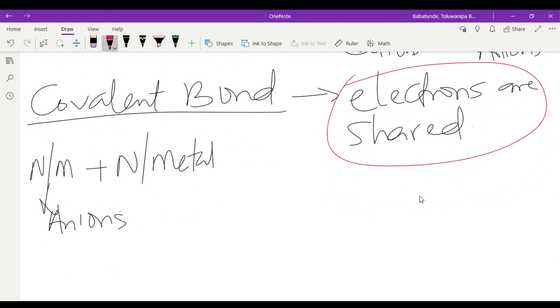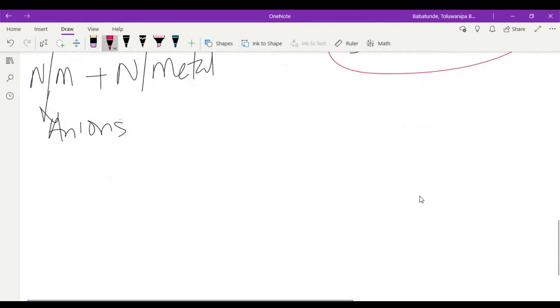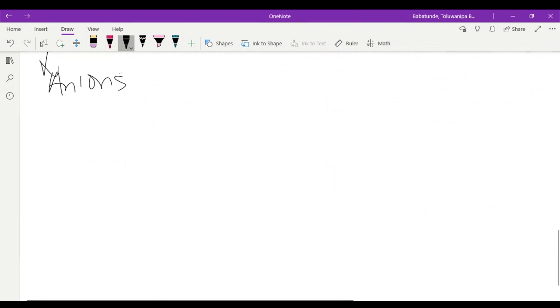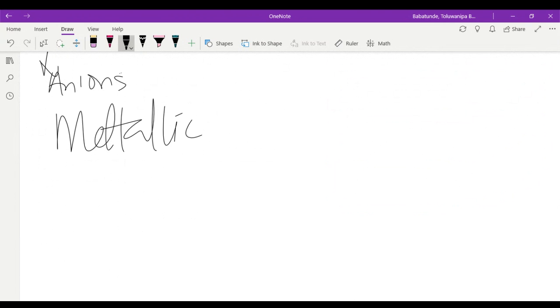So the next one we want to talk about is metallic bond. In metallic bond, it involves metal plus metals.